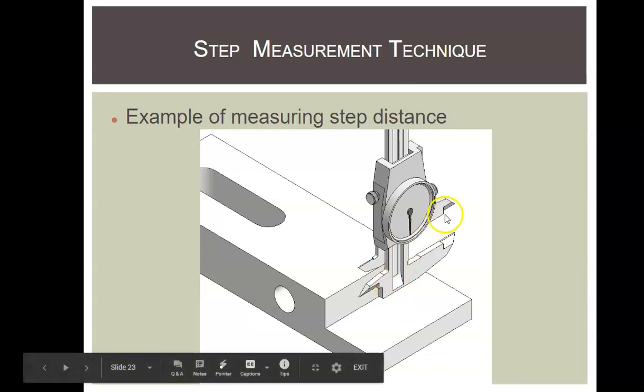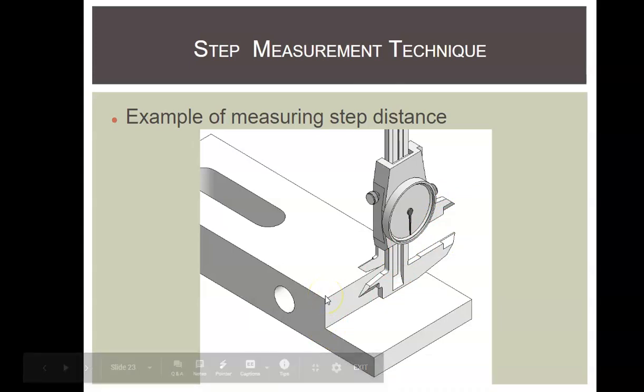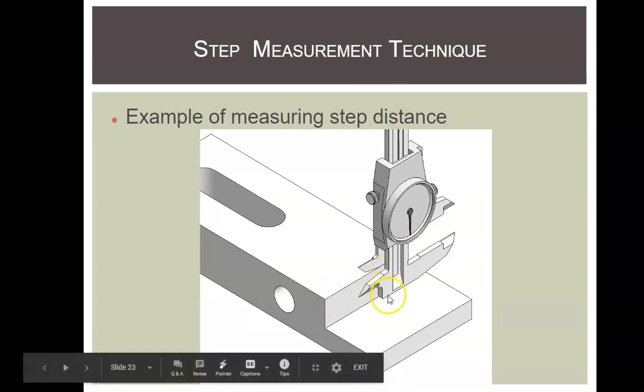Now, could you just line this up here and guess? Yeah, you might get close, but this is way more accurate. You're going to get a more precise answer, meaning you can measure this 10 times over and probably get the same answer. Whereas if you just eyeballed or lined your internal jaws or your external jaws up against these two edges, you're probably not going to get the same measurement.